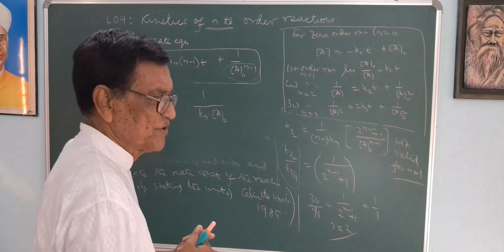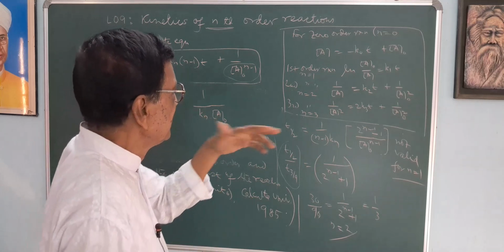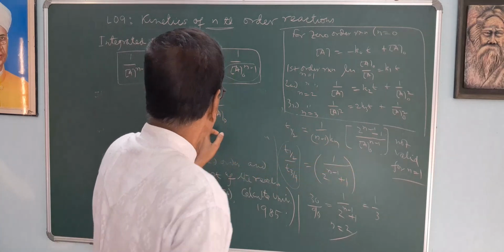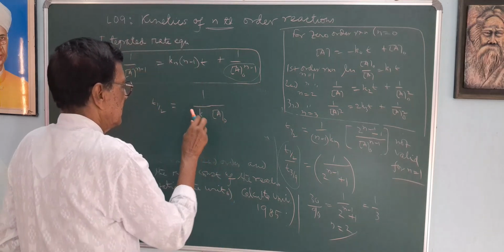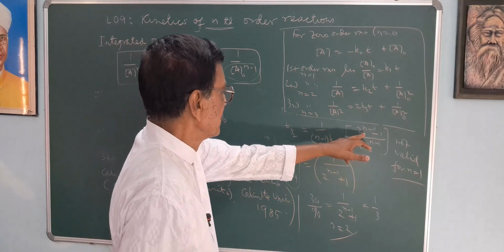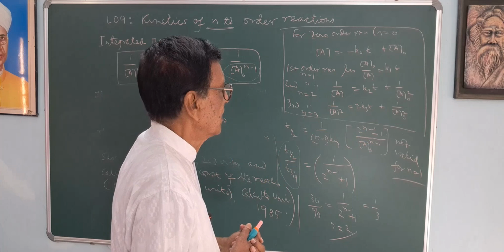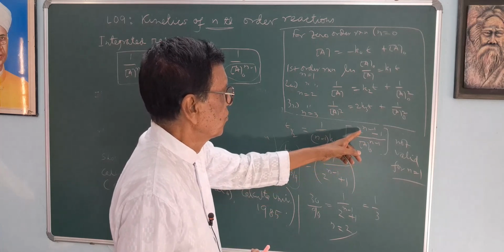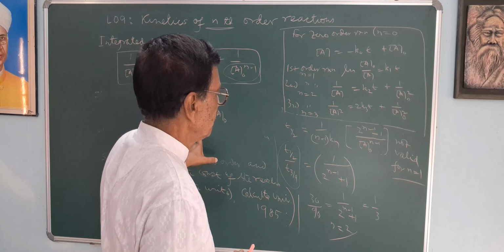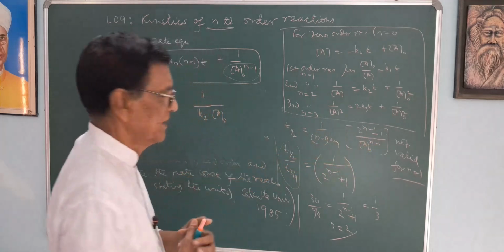Half-life period is inversely proportional to the initial concentration of this reactant for second order reactions. Putting n equal to 2, Kn is K2, so T half is 1 divided by K2 and A naught to the power n minus 1.